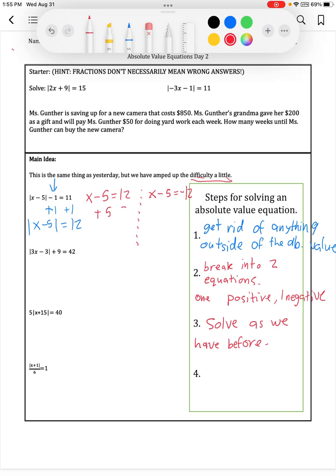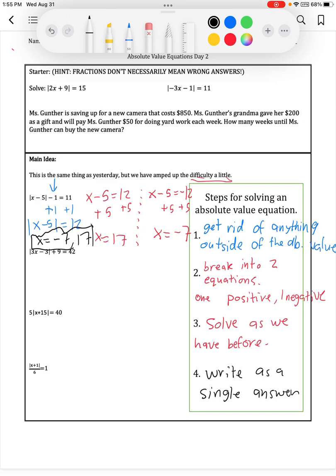We add 5 to both sides. That will give us x is equal to 17, and x is equal to negative 7. Last step, write as a single answer. That'll be x is equal to negative 7 and 17. That's an ugly box, but it'll do what we need it to do.